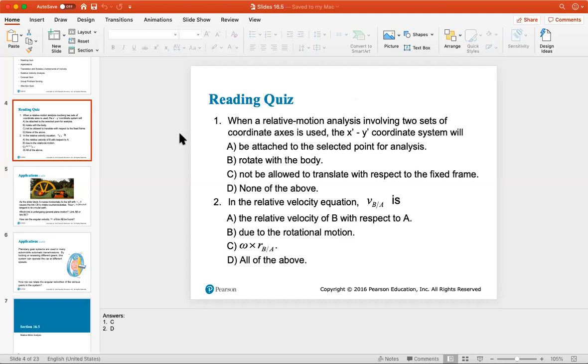X prime, Y prime is a coordinate system which is tagged to track along a point in the body. So it follows a single point in the body and it doesn't rotate. That means that compared to the absolute reference frame, maybe anchored to the ground, it won't twist. It just slides, but it follows a point on the body.